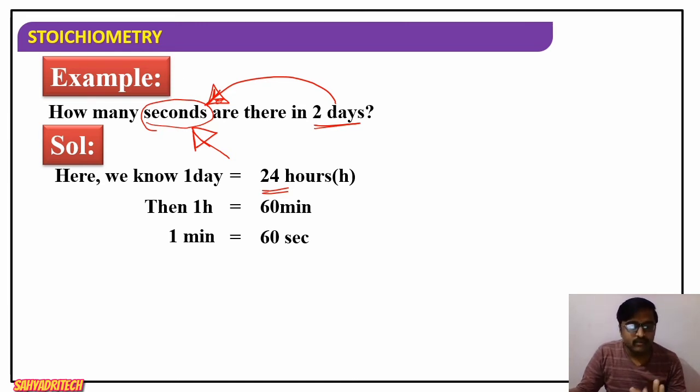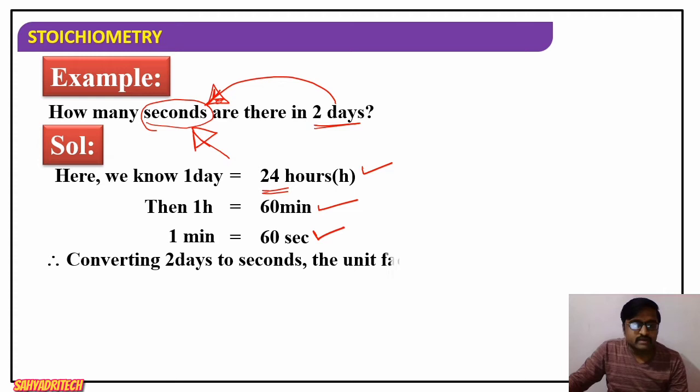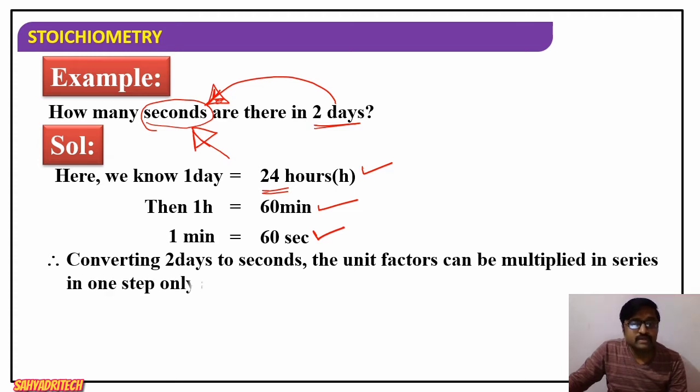Well, here we wish to convert 2 days into seconds. What is the basic data we know? 1 day is 24 hours, 1 hour is 60 minutes, and 1 minute is 60 seconds.